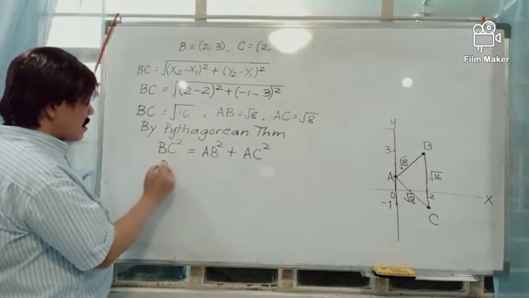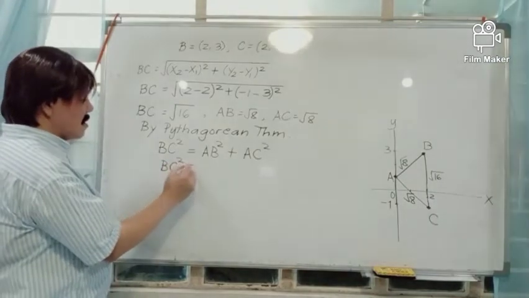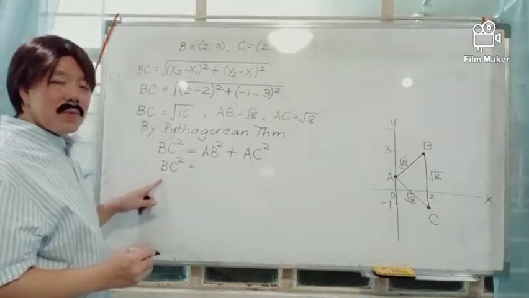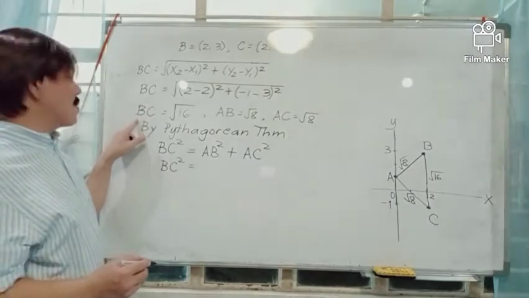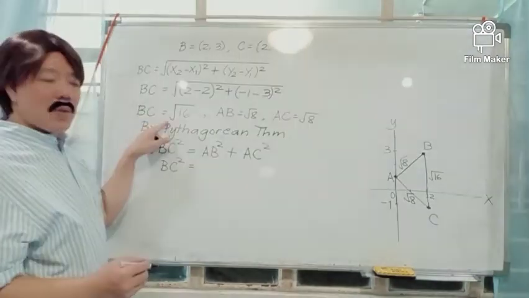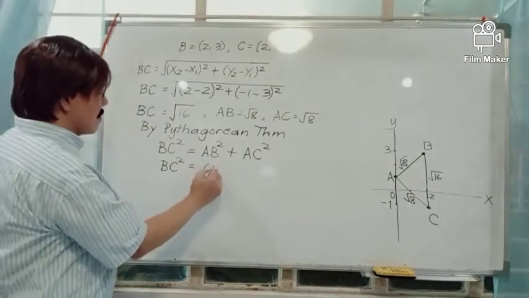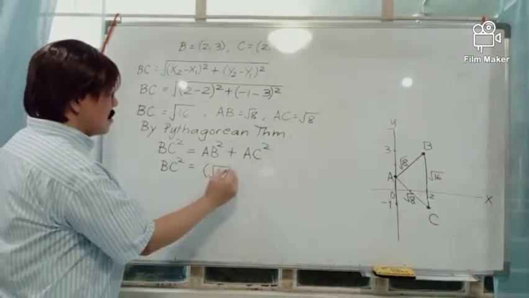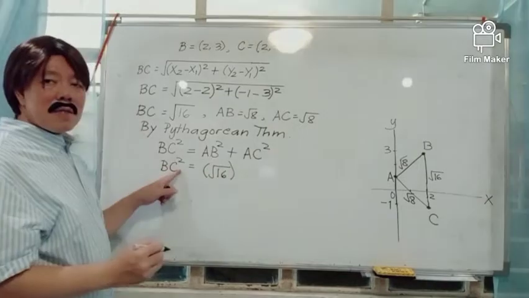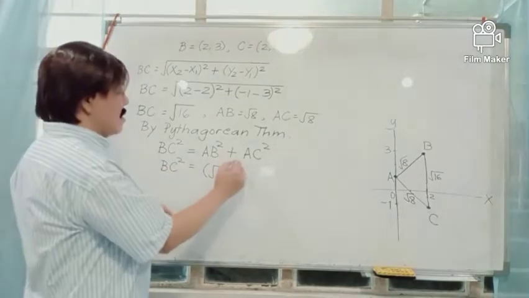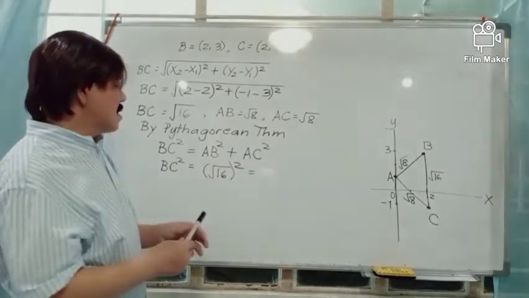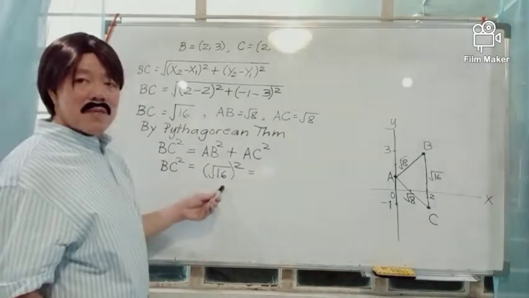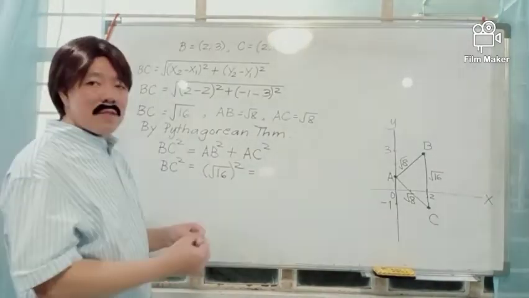We start with the square of BC, the square of the side through the vertices B and C. The distance between the vertices B and C is equal to the root of 16. You take the square of it, and by property of radical from algebra, the square of the root of 16 is equal to 16.